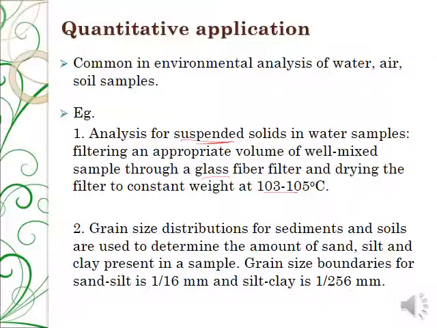It means if you have this liquid water sample, there are very fine particles of suspended solids. We can separate this from its bulk, from the water sample itself, by using this glass fiber filter. Then to obtain the mass of this, you have to get rid of the remaining water. That's why you have to dry until it obtains constant weight.